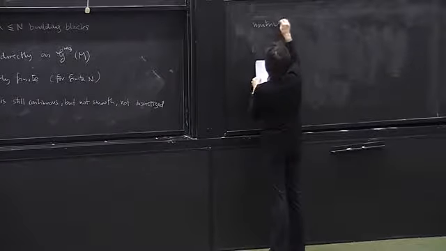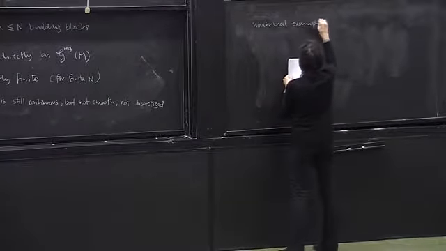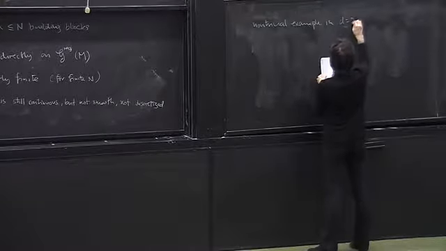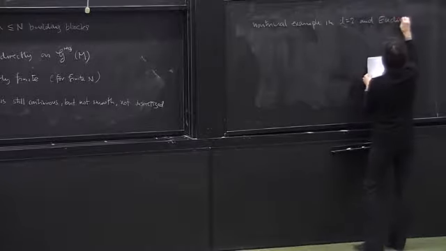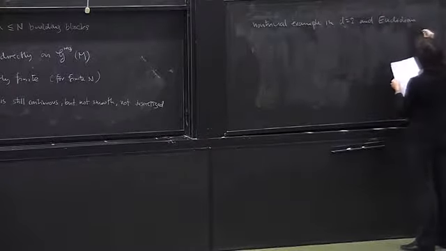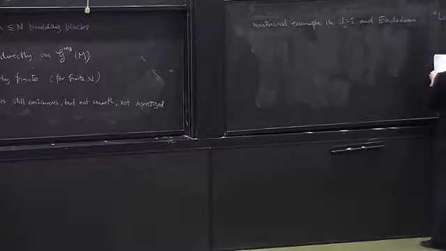So there is a non-trivial example of this in d equal to 2, and Euclidean signature, so Riemannian, you're just summing over Riemannian curved geometries, and it goes by the name of Liouville gravity, or Liouville quantum gravity.